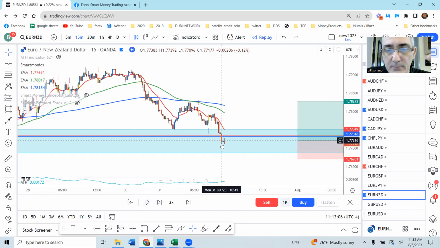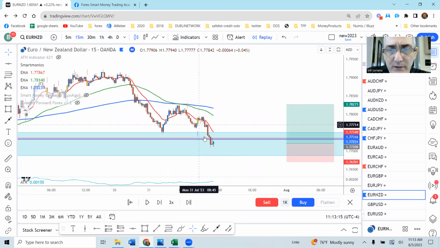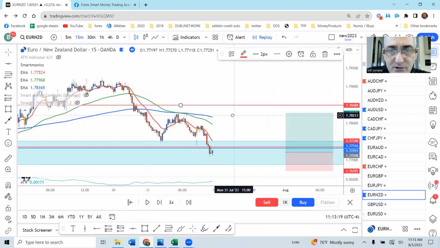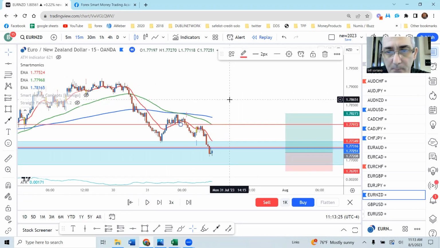So right here, boom, right? Our alert goes off. Our 4-hour point of interest gets hit. And at that point right there, if we were looking for a break of structure to the upside to give us our change of character, we would probably use this wick right here, okay?